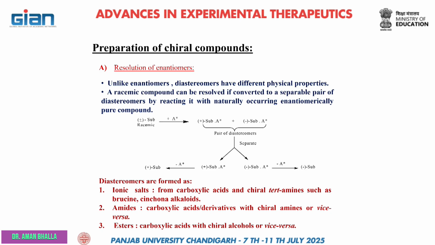Even if you get the racemic mixture, choose the appropriate A star, convert them into diastereomers, separate them, remove the A star, you will get your pure enantiomeric products. But if the corresponding A star is not available, then this method cannot be used for resolving your racemic mixture. Then resolution cannot be used.